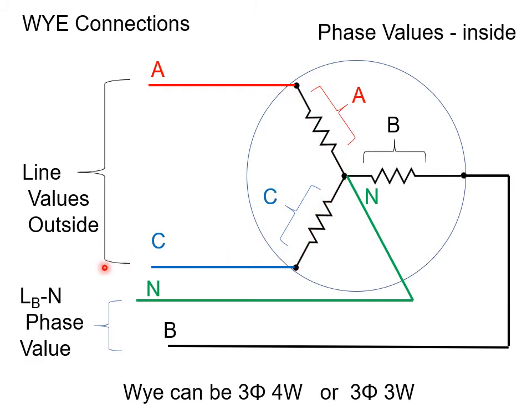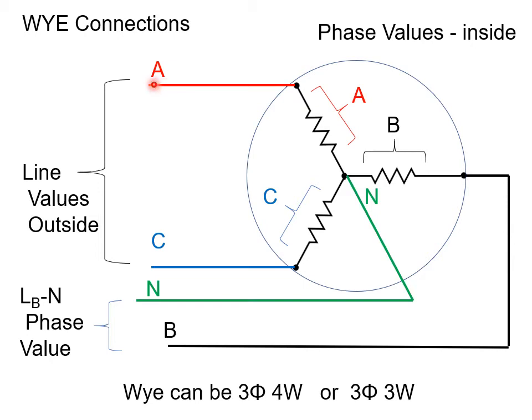2 phases make up a line value. Same as we calculated before, 120 volts plus 120 volts at 120 degrees separation would give us our 207.46 volts.